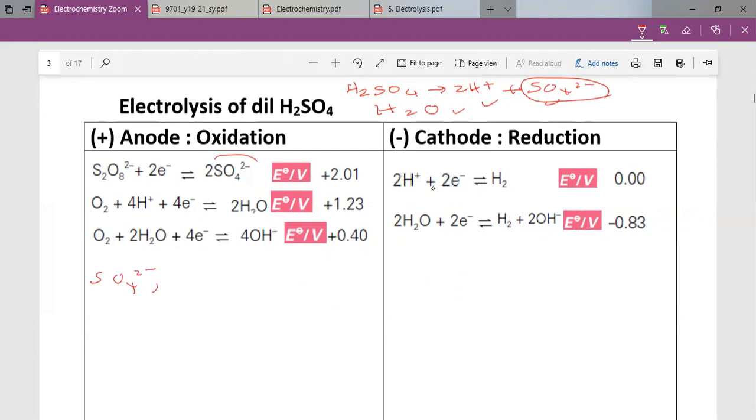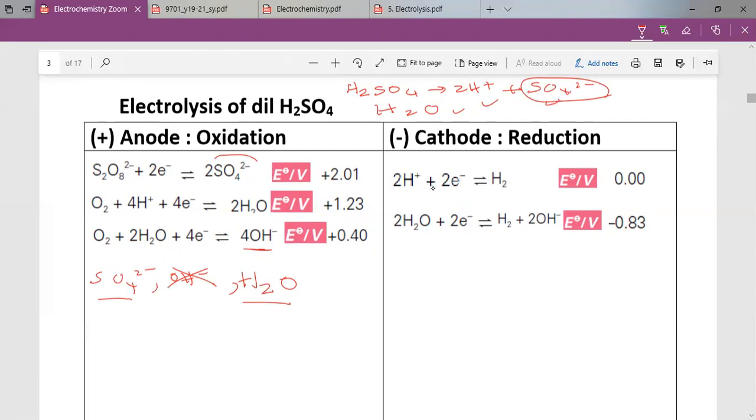Now remember, in Form 5 you use OH minus, but in Form 6 you don't, so you don't put that inside here. The other one that can be attracted to your anode is water, and it's very important to know water. So there are 2 choices to be considered to pick out which one is going to be liberated. Now let's go to the cathode first.